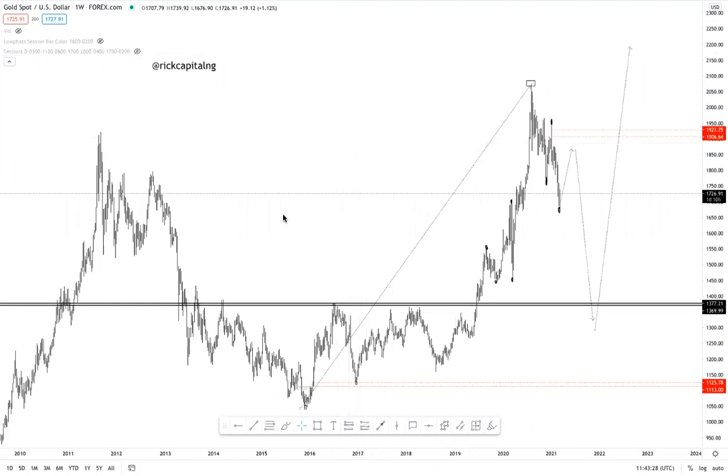So this is how I understand it. If we're marking up our charts, we're going to go into the higher time frames: monthly, weekly, daily. What we're going to do is identify the trend, the higher highs, higher lows, or lower highs, lower lows, where the market has failed to make a 50% retracement. We're going to have that as our point of interest, where we expect the market to bounce back from.